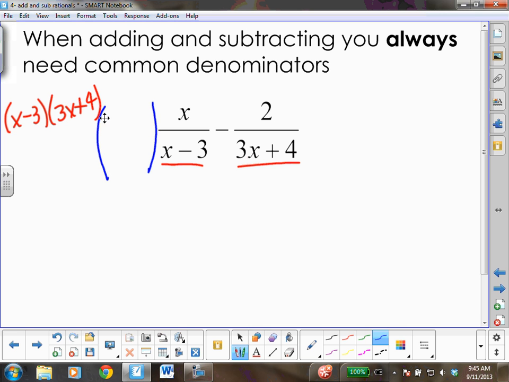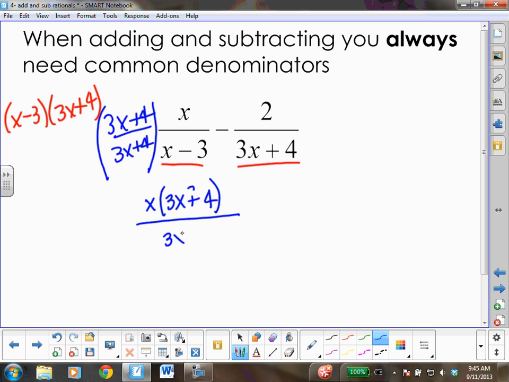So this first fraction is going to get multiplied by 3x plus 4 over 3x plus 4. Which will then be x times 3x plus 4. And then the denominator 3x plus 4 times x minus 3.